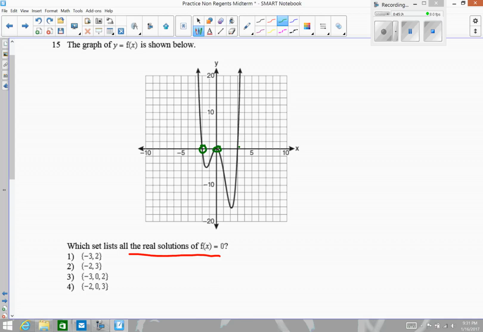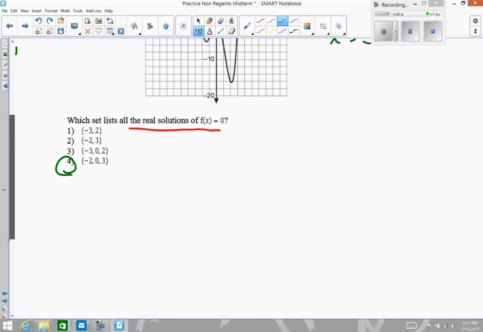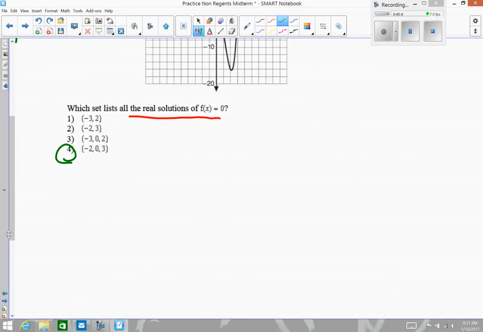So it looks like there are 3 real solutions at x equals negative 2, x equals 0, and x equals 3. Not too hard at all. So it looks like number 4 is our solution. And we are finished with our multiple choice. We're going to end this video and start a second one that has the part 2s, 3s, and 4s done.